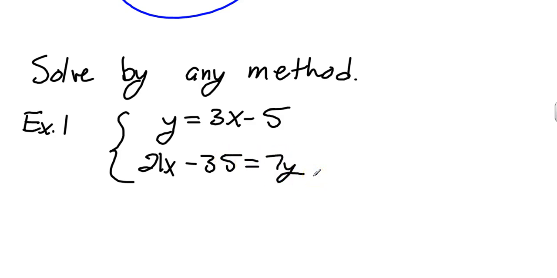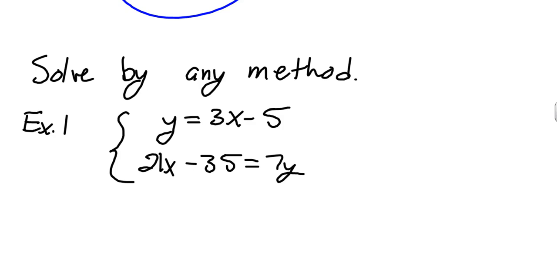Okay, so we'll go with y equals 3x minus 5, and then 21x minus 35 equals 7y. Now, again, this one you can do elimination method, you can do the addition method.